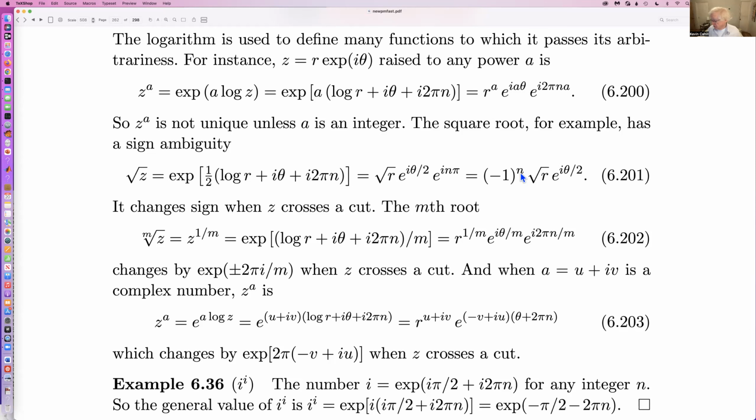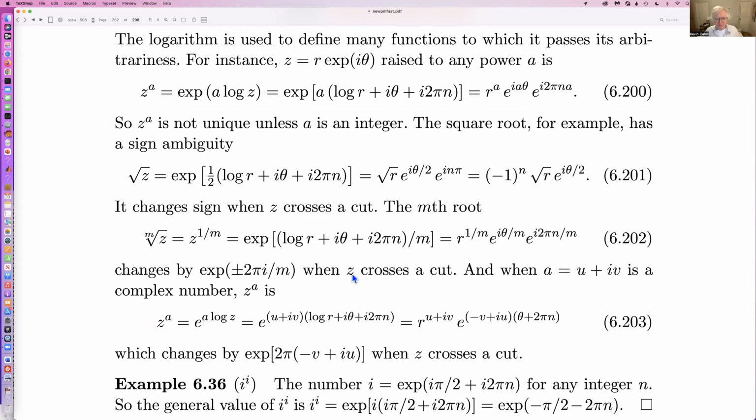So that's the square root. The mth root is z to the 1 over m. So this is e to the log r plus I theta plus I 2 pi n, divided by m. Okay. So this is the general form of the log of z, with z being r e to the I theta.